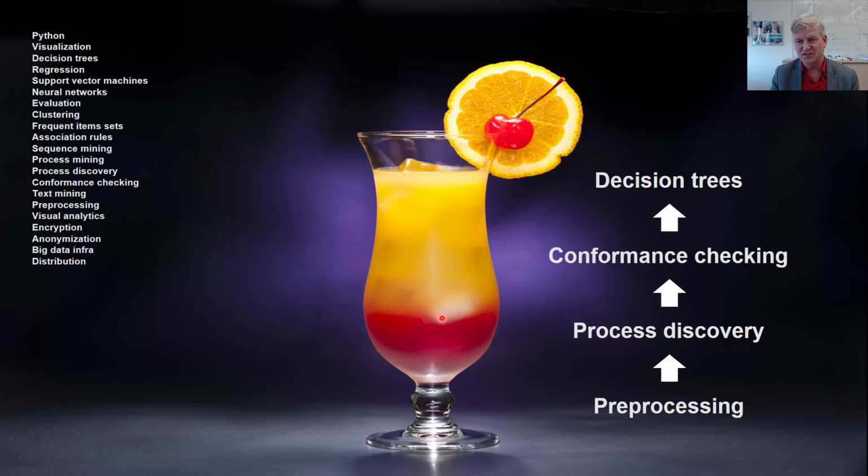This is linking back to the point that I've made also in previous lectures, and I think the last part very nicely illustrated this, that we can combine these different data science techniques. So we can do pre-processing, then we can get a discovered process model that is, for example, showing the normal mainstream behavior.